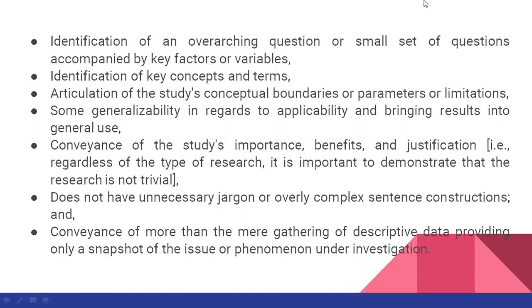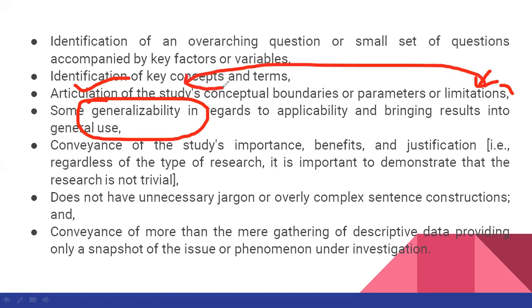Then articulation of the study's conceptual boundaries or parameters or limitations. Some generalizability in regard to applicability and bringing results into general use. This is very important. Obviously, the previous one is also important. You should know the limitations and boundaries with respect to your study, your research work.